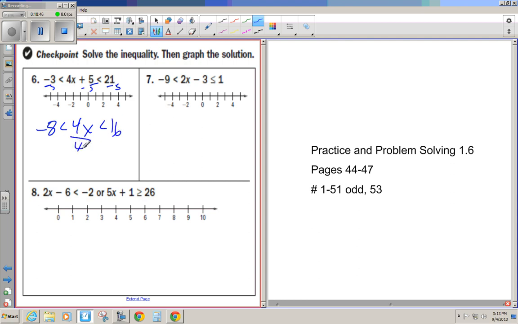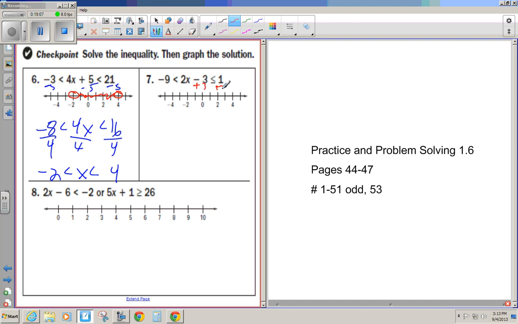Divide everything by 4. And now we've got an in-between statement with an open dot at 2, an open dot at 4, and it's everything in between.